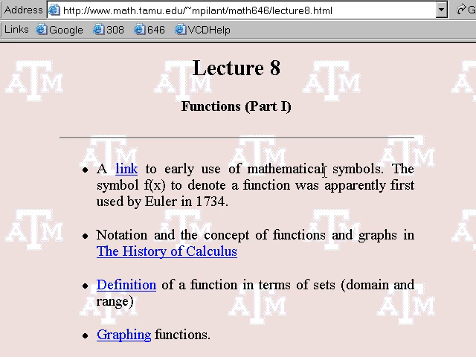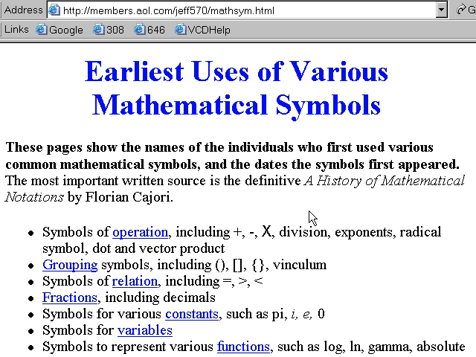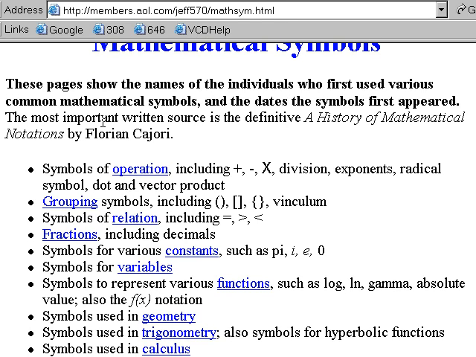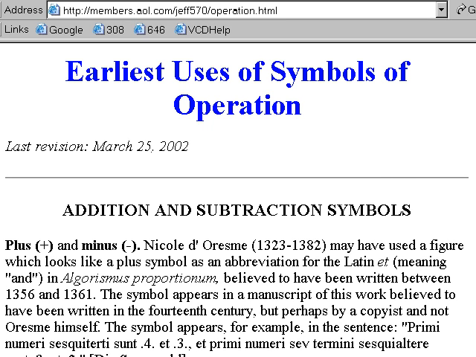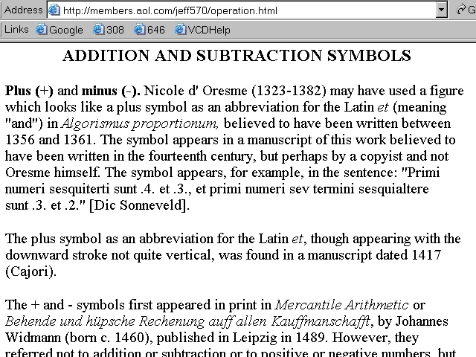One of the earliest places where the modern f of x notation to denote a function was found is in a manuscript by Euler in 1734. So I've included a nice little link here to the historical use of mathematical symbols. For example, if you're dying to know who was the first person to use plus and minus signs, they've been dated at least back to the early 1300s, the 14th century.